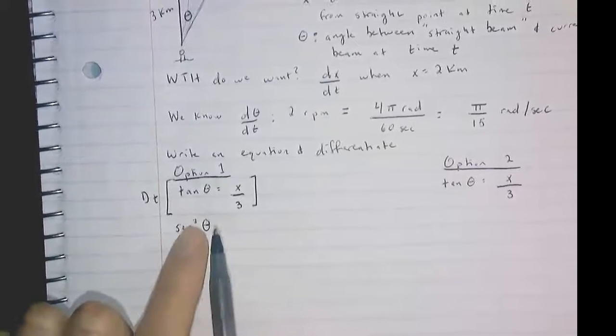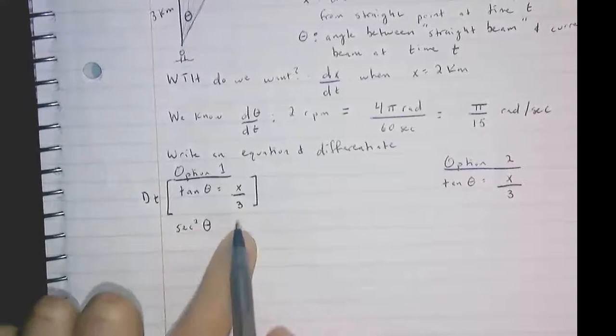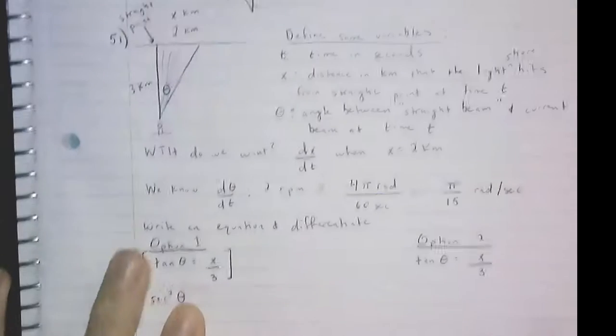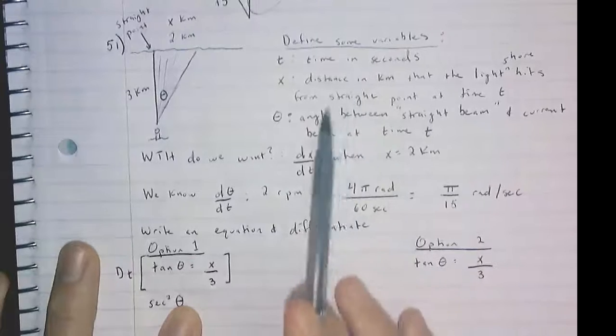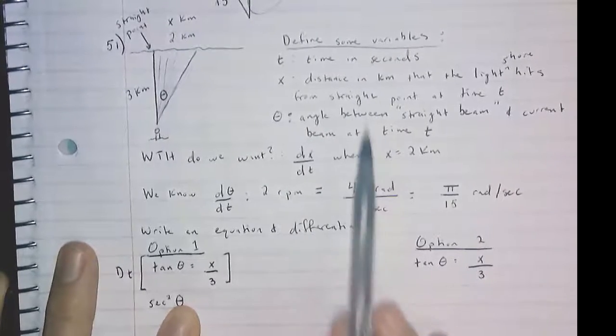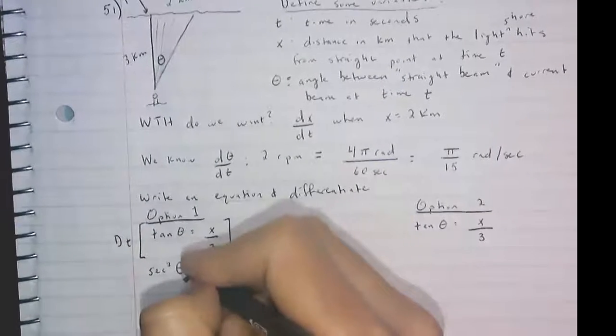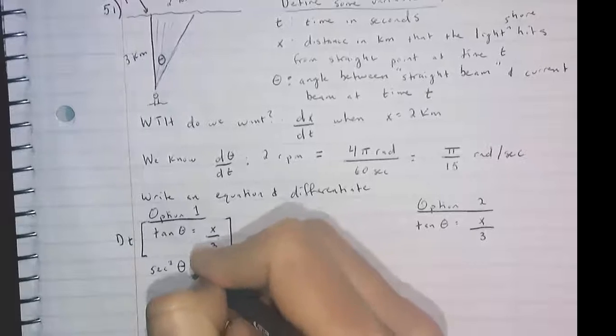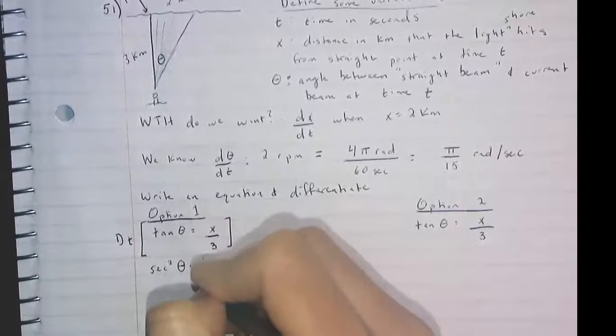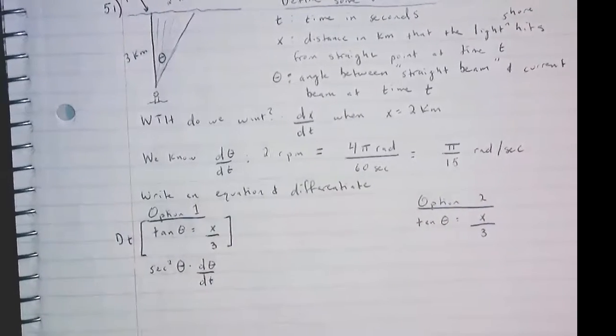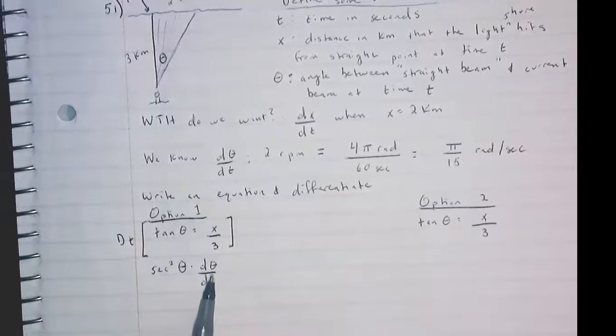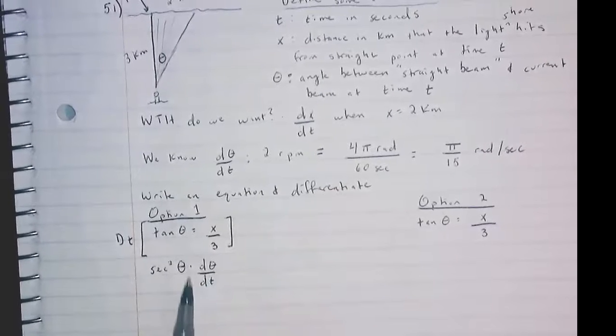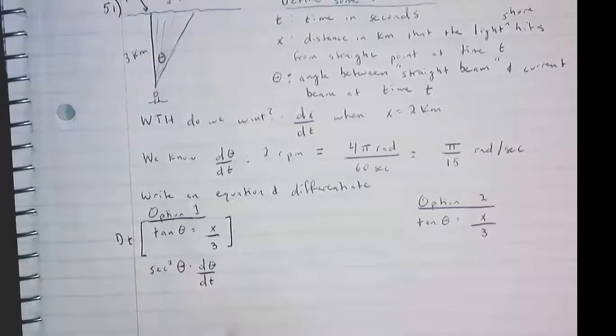So we get secant squared theta, but then we also need to chain rule out the derivative of theta because theta is a function of t. So we spit out d theta dt, which so far doesn't scare us because we know what d theta dt is. The secant squared theta is maybe a little bit worrisome, but we'll come back to that.